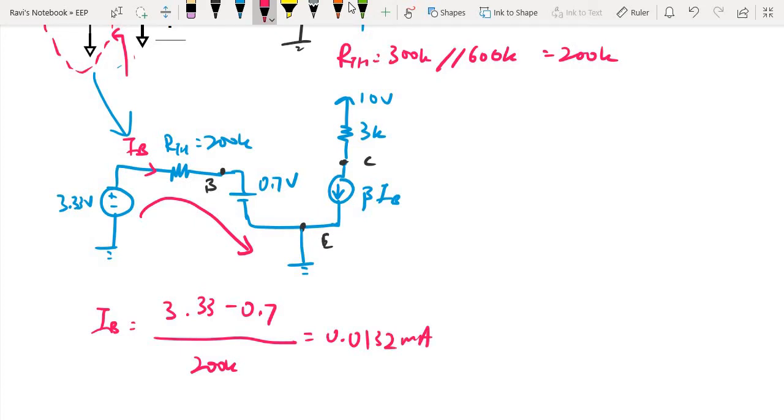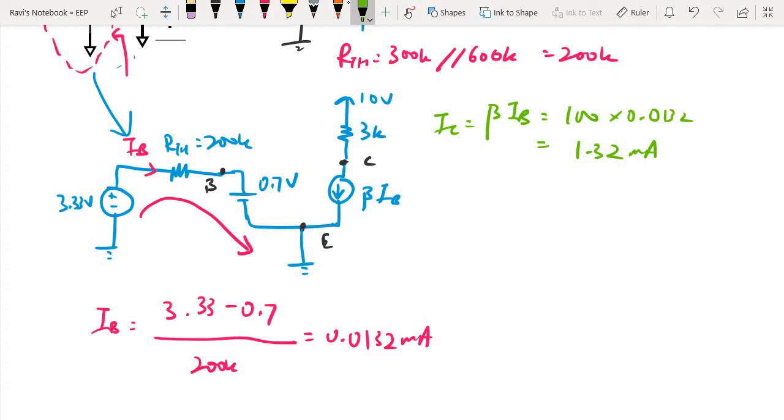Once I find IB, I can also find IC. IC is equal to beta IB, and for this example beta is given as 100, so it's 100 times 0.0132, which is equal to 1.32 milliampere.